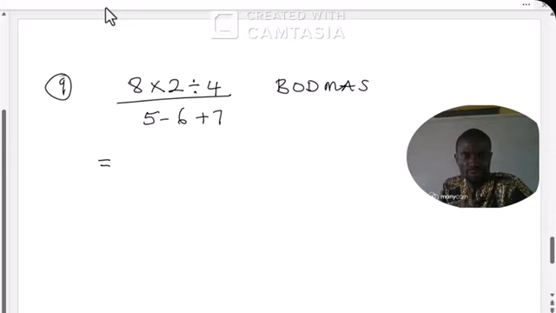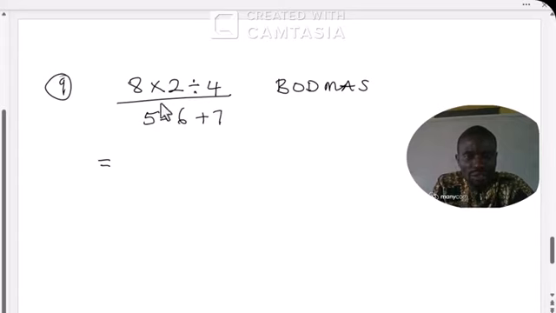On the numerator here, we have multiplication and division. On the denominator, we have subtraction and addition.